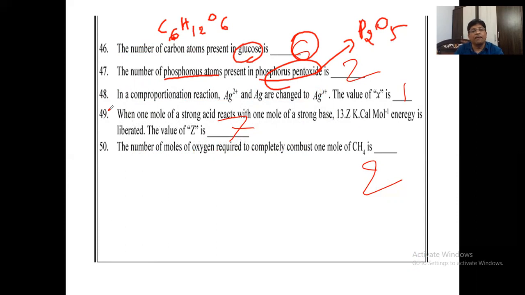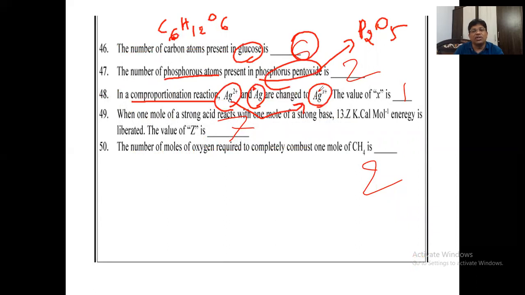2 there. Next, in a comproportionation reaction, Ag plus 2 is going to Ag plus X. And also they said Ag0. Ag means atom, so any atom will be 0.